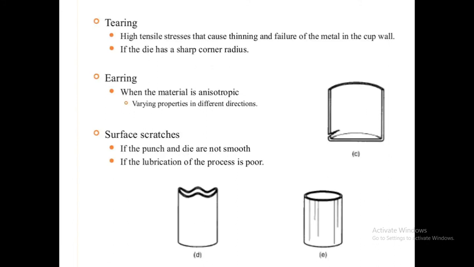So why is this earring happening on a material? If the clearance between the die and punch is very high, then earring occurs.